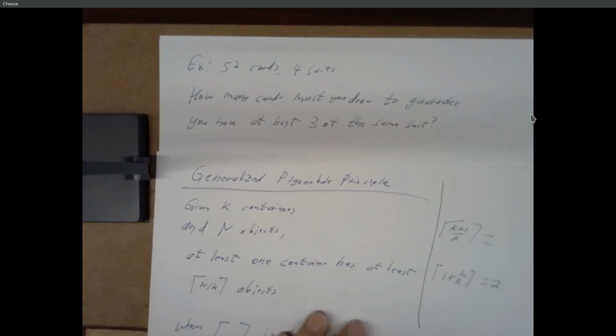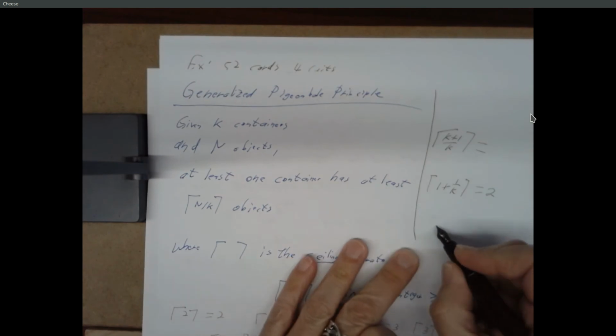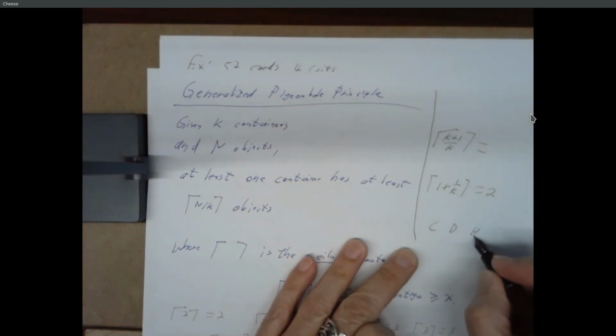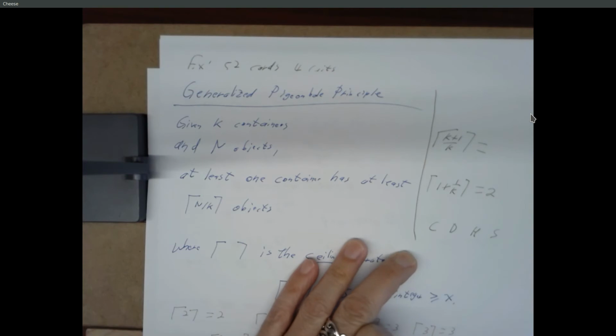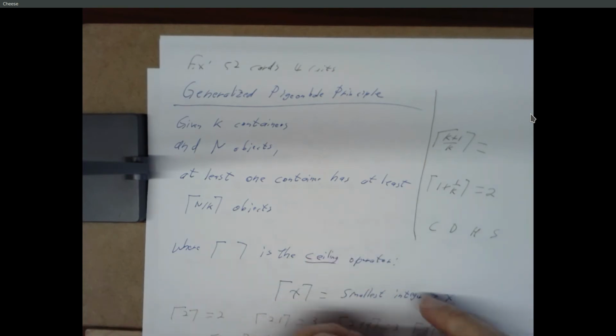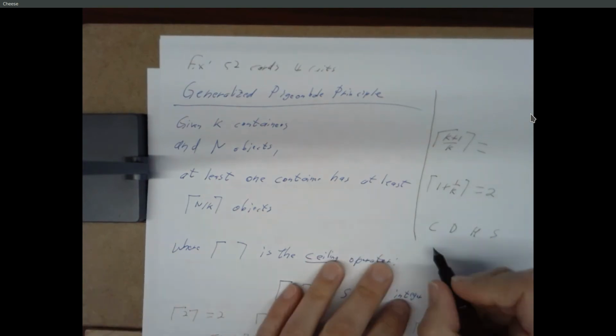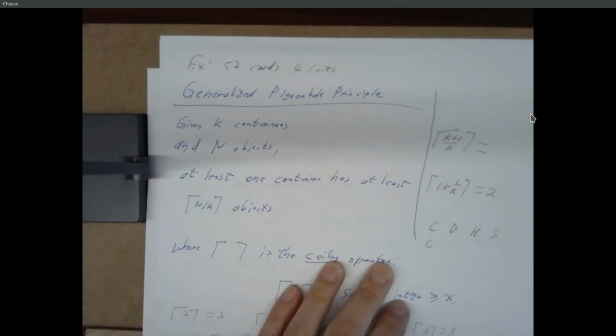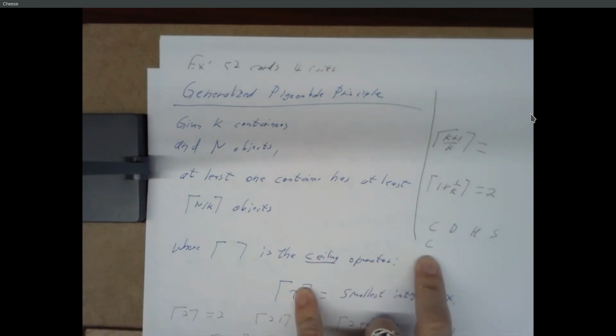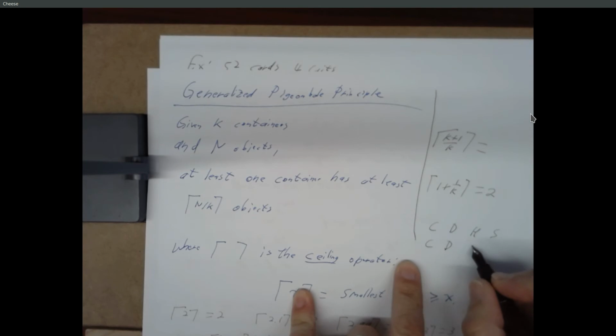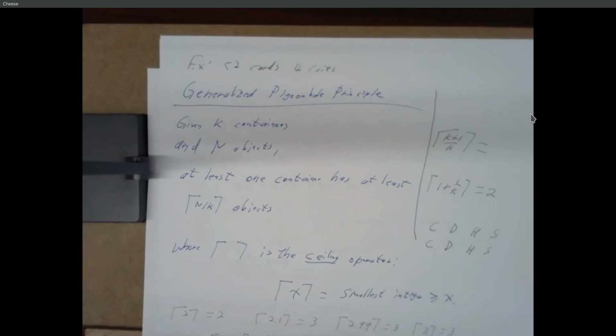So, you might draw a club, and then a diamond, and then a heart, and then a spade. And then your 5th card is going to be one of these, right? Maybe it's a club. But you're not going to draw another club, because that would be lucky, right? So we'll do another diamond and a heart and a spade. So I've drawn 8 cards, and I still don't have 3 of one suit.